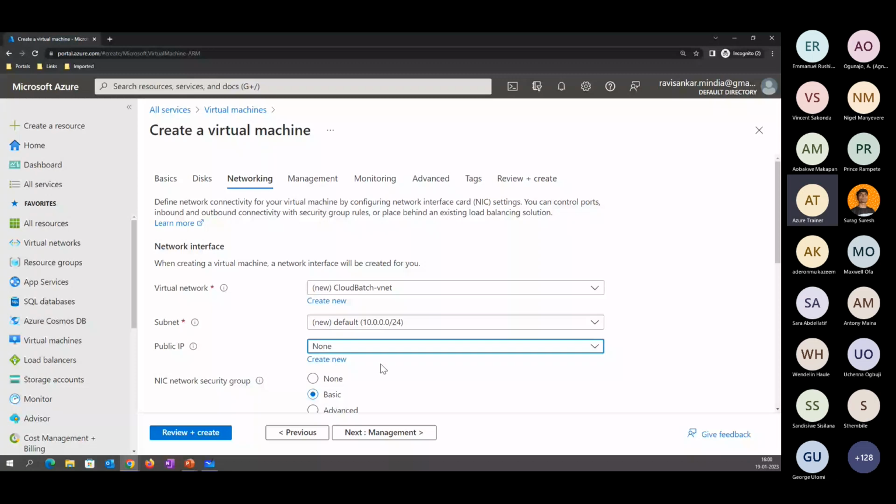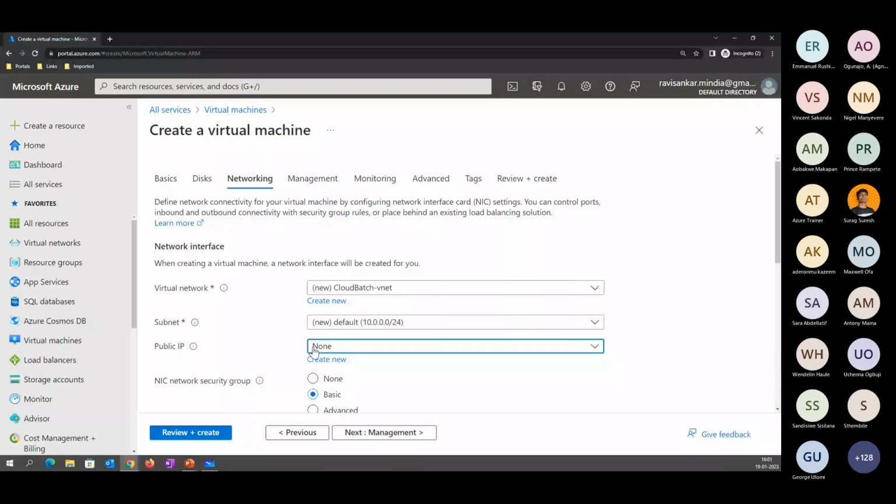A public IP address has a charge, so if you select none, no public IP address will be assigned at the time of VM creation. You may wonder what happens if tomorrow I need one. Yes, we have an alternate option available. If in future you want to assign one, you can go and assign it also. That's a different story. At the time of creation, if you select none, no public IP address will be assigned.